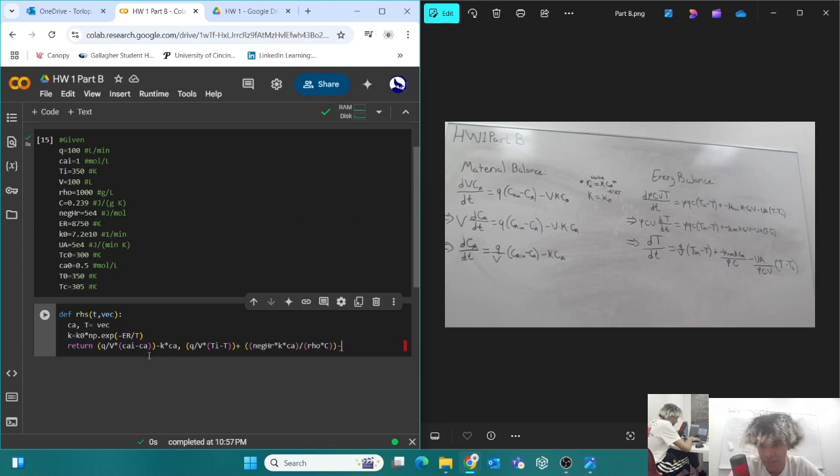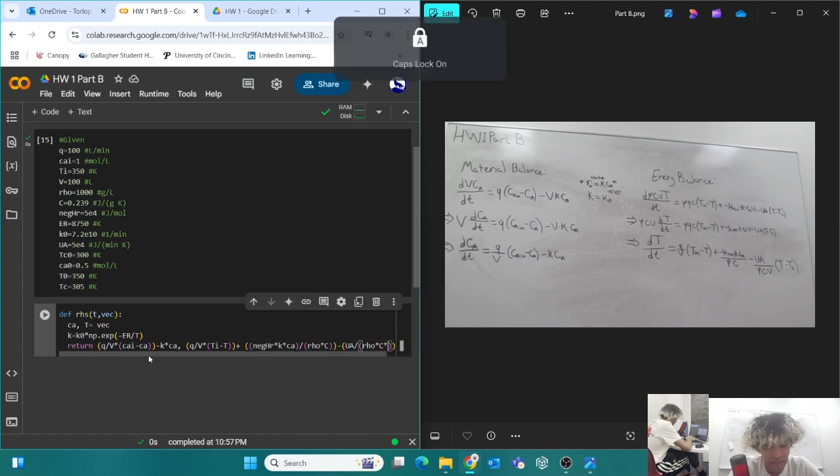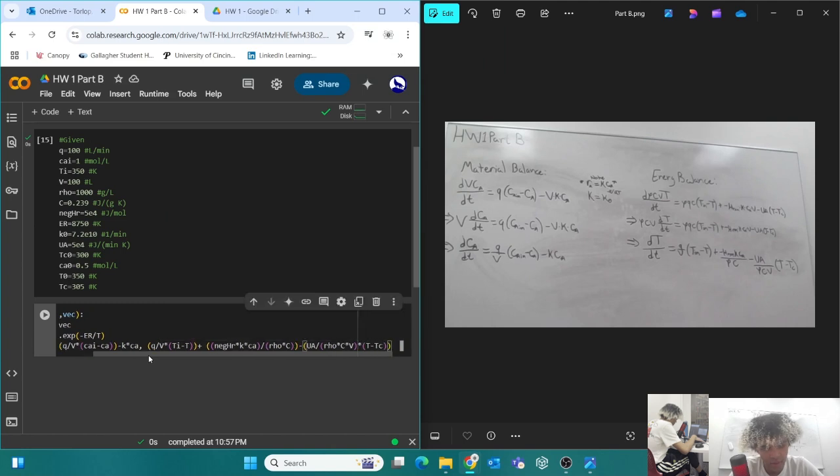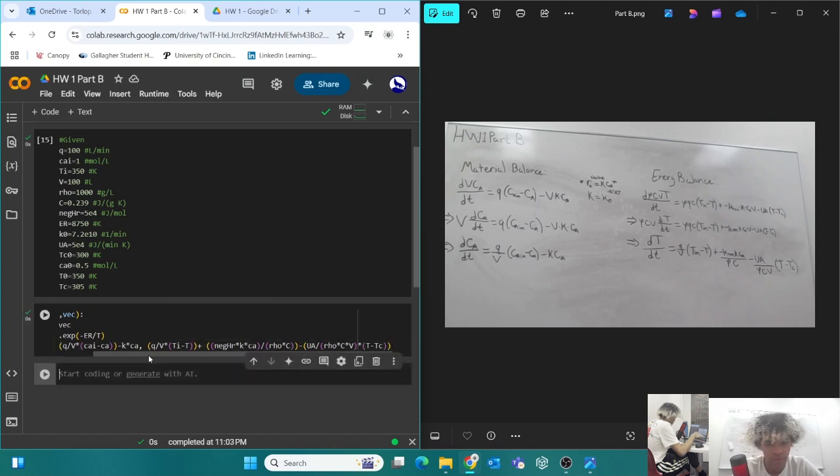And then that is being subtracted by UA divided by rho times the heat capacity times the volume, and then that's being multiplied by T minus TC.